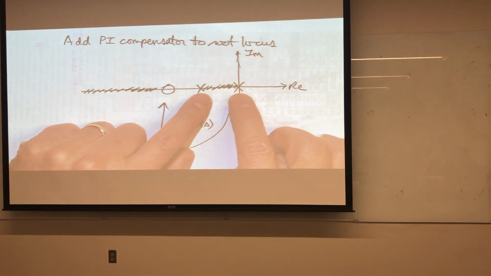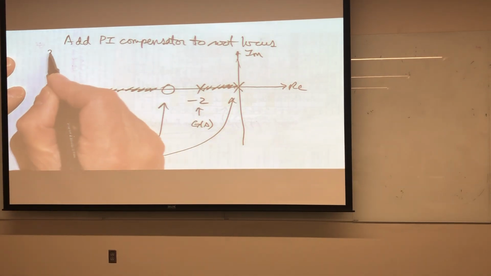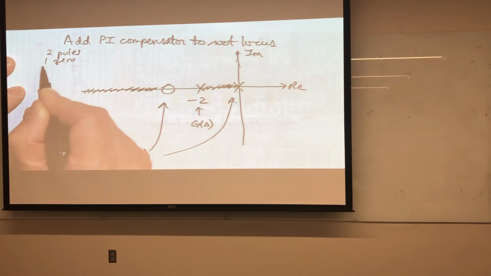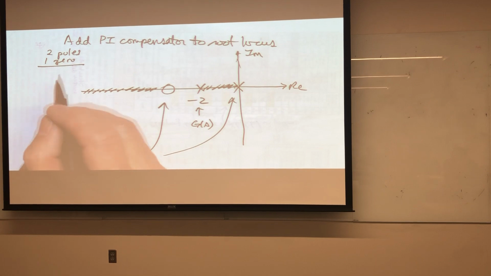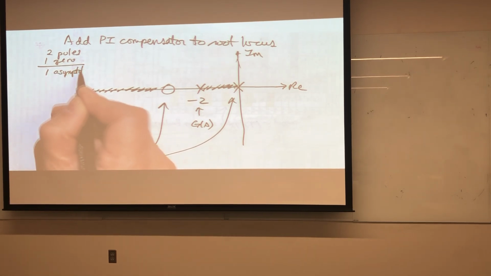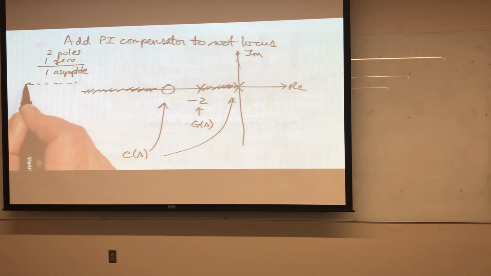We have two loci. They have to start here and end here or go off the page. Okay, so we have two poles, 1 zero. So the difference between that is the relative degree. That means we have one asymptote. And it has to look like this.